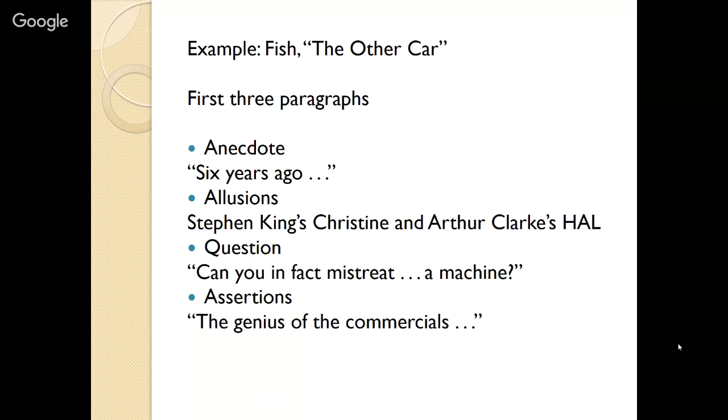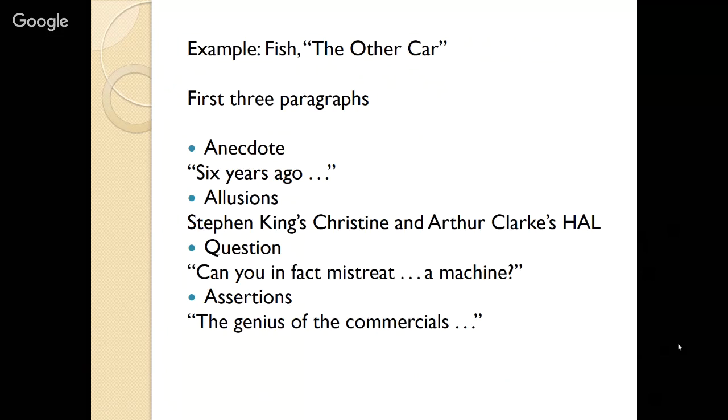So he uses that anecdote to talk about an experience that he had that's a very common experience that many people have had, of trading in a car or having to sell a car that they've had for many years. And he personifies the car by referring to the cars as familiar friends and retainers.